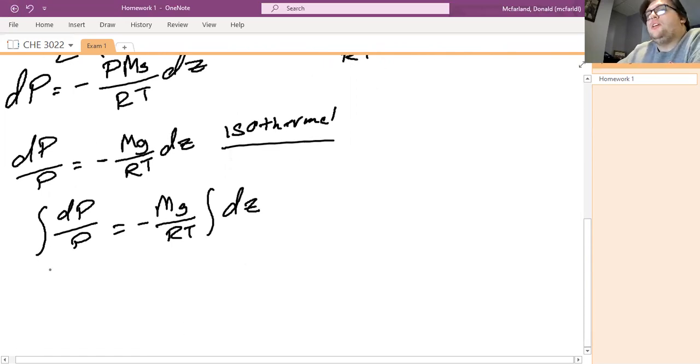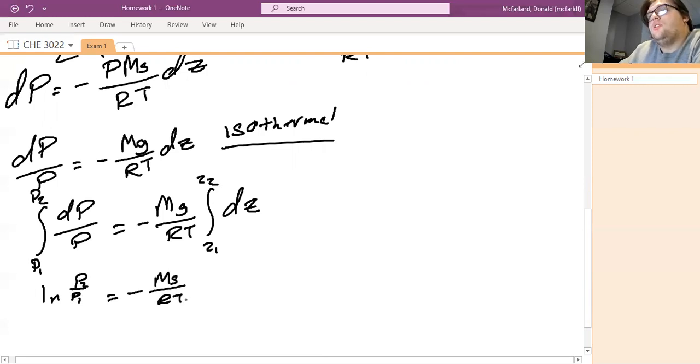Now our good old buddy calculus comes into play, and we get a definite integral from P1 to P2, with the corresponding depths of Z1 to Z2. You get the natural log of P2 over P1, which is equal to negative Mg over RT times the change in depth. So basically all this means is how far down.